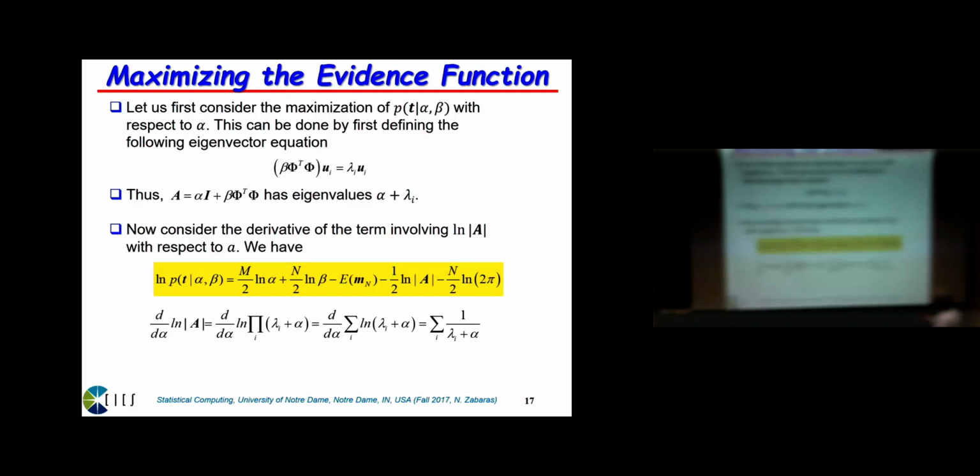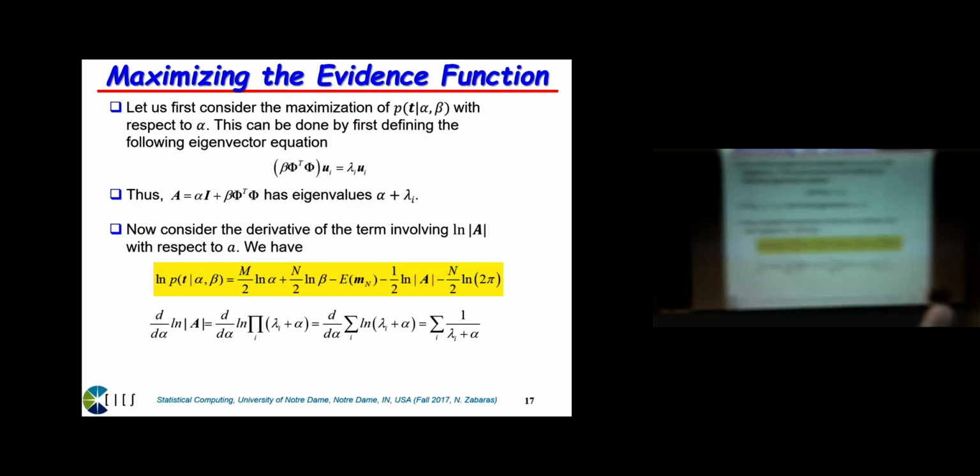The Hessian matrix we had, because here we only had alpha times the identity matrix, has eigenvalues alpha plus lambda i, and the eigenvectors would be the same. So remember that the eigenvalues of A from now on are alpha plus lambda i.